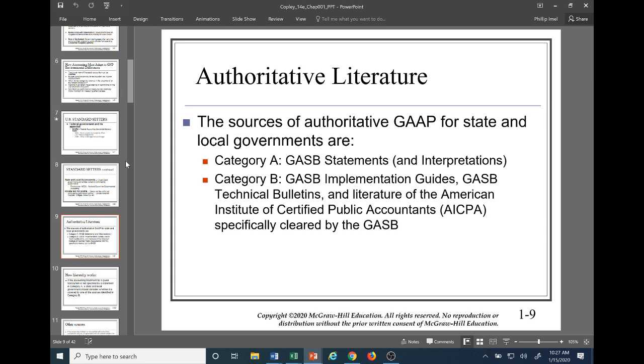For the authoritative literature, we have two categories. Category A is going to be GASB statements and interpretations. Category B is GASB's implementation guides, technical bulletins, literature of the AICPA, and that's going to be specifically cleared by the GASB. I know you're probably thinking, okay, this is not making a lot of sense. It should make sense as we get into it a little bit more.